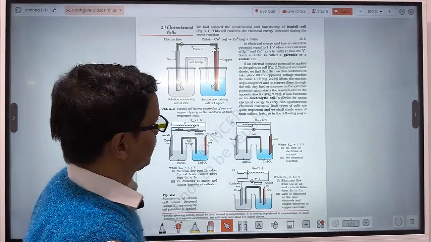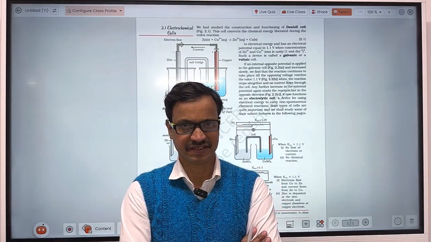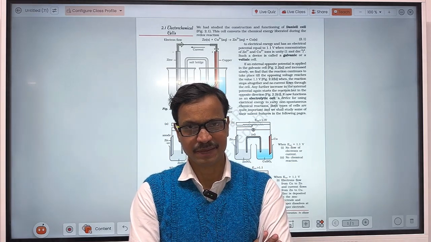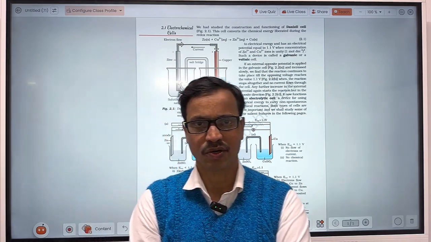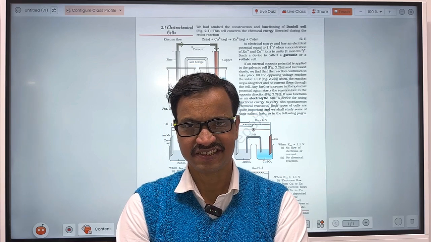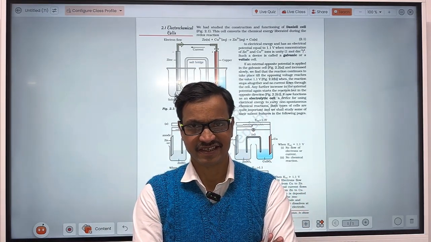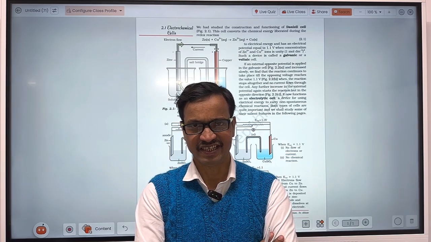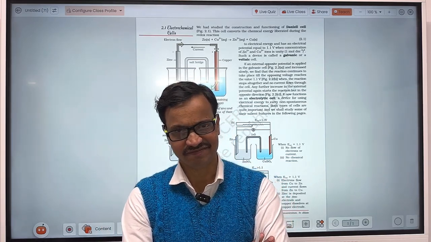Galvanic cells or voltaic cells are the cells which convert chemical reactions into electricity. That means chemical reactions will take place, and due to those chemical reactions, there will be production of electricity in a galvanic cell or voltaic cell.